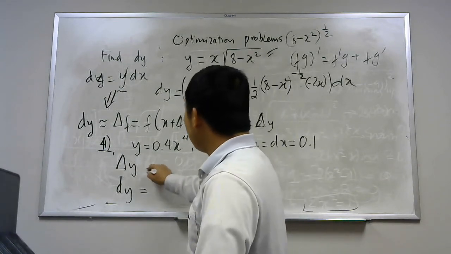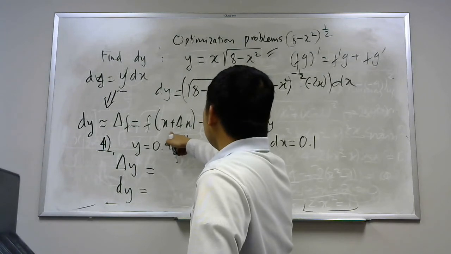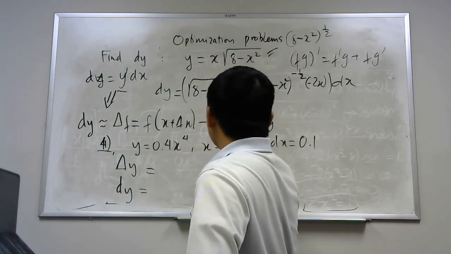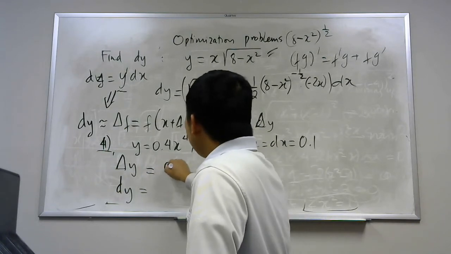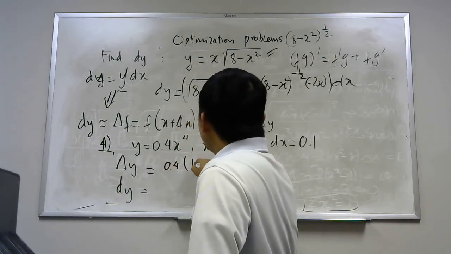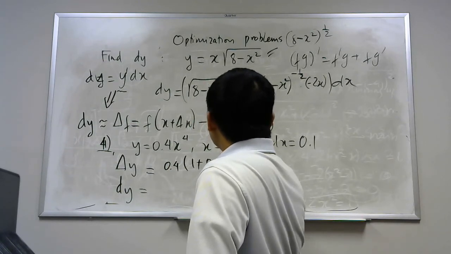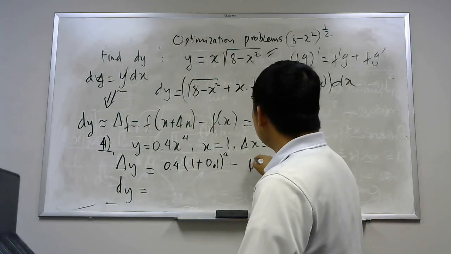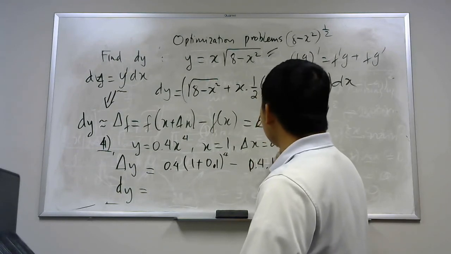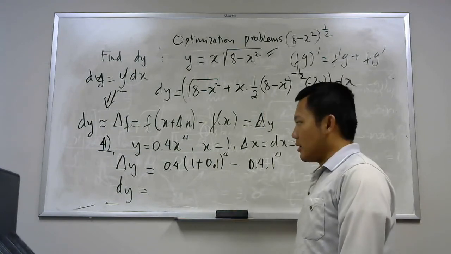In order to find delta y, we just plug numbers into this. So the point x equal to 1, delta x is 0.1, right? So basically I have 0.4 times (1 plus 0.1) to the 4 minus 0.4 times 1 to the 4. Yeah, and you can use a calculator to find this number.